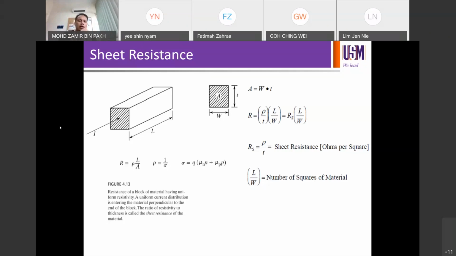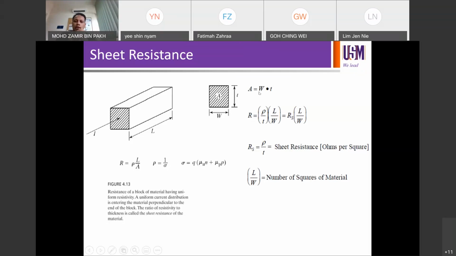You have a length of the layer L, and then resistance is equal to rho L over A, where rho is the resistivity, L is the length of the channel, or the diffused layer, and A is the area, where area is equal to the width times the thickness of the channel.